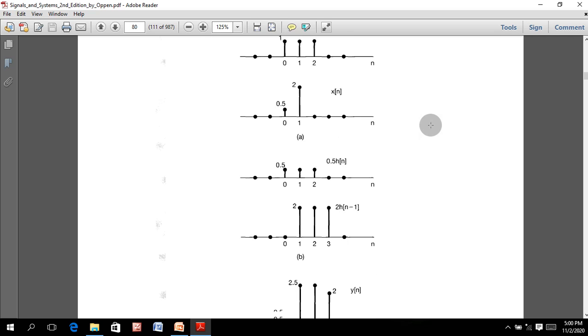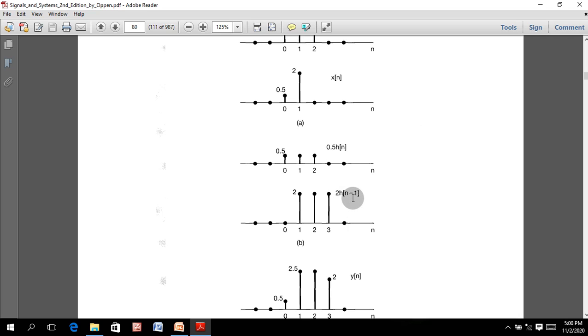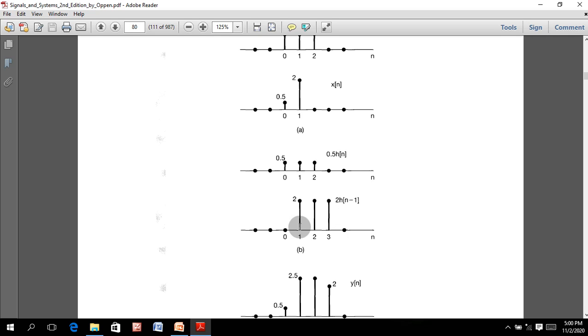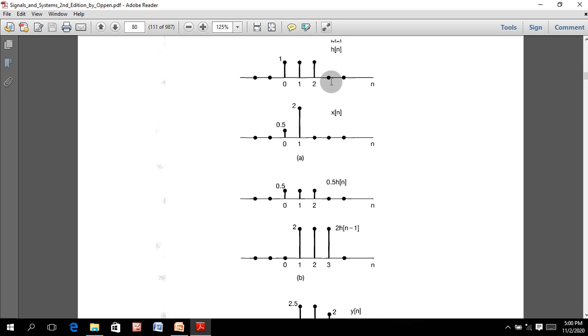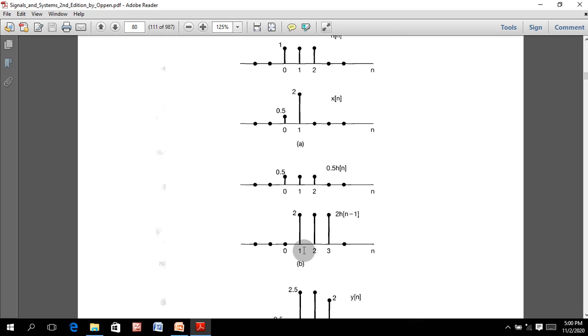So for h of n minus 1, the value of n has to be 1. Without that we can't realize the form. This is the impulse response for h of n, so for h of n minus 1 it will start from here.